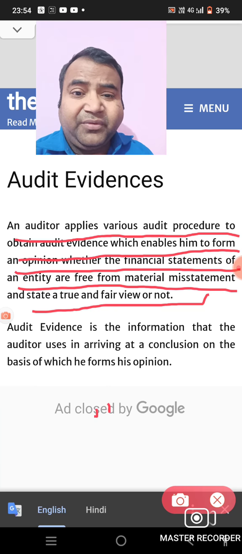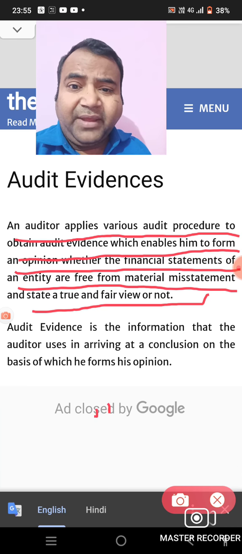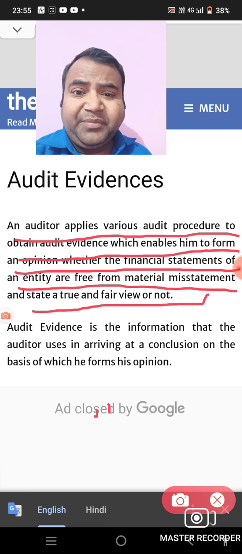And for the purpose of giving a justification, the auditor requires audit evidences, and these evidences will act as a proof upon which the auditor forms an opinion about his audit.